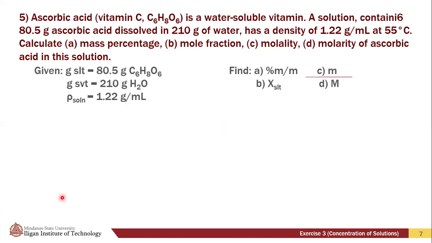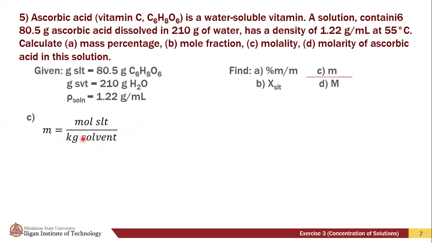We go to letter C, which is calculating for molality. And molality has this formula here, mole solute over kilogram solvent. Now, out of all the concentration expressions that we have encountered in chemistry, it's only molality that is expressed in per kilogram solvent.